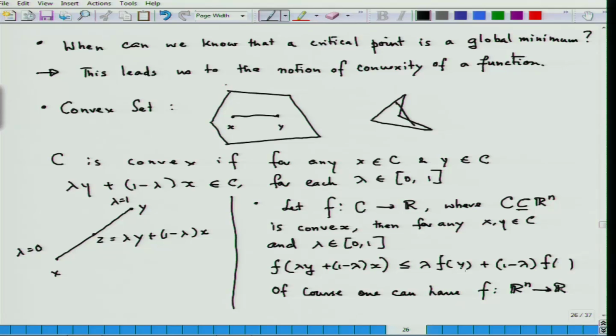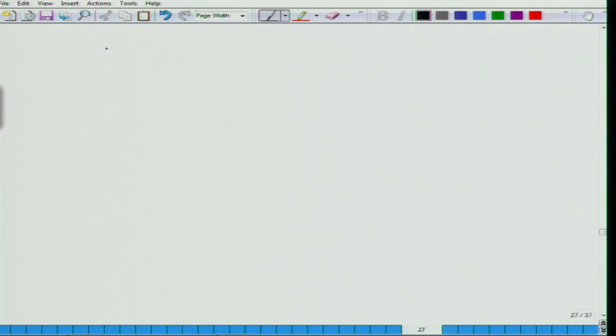Now let us give some examples of convex functions and why this function is important to answering such a question. If you take a function f of x equal to the norm of x, say the Euclidean norm, these are examples of convex functions.